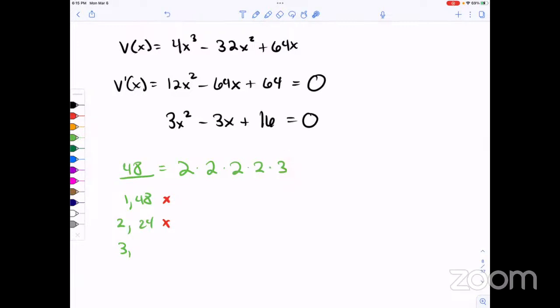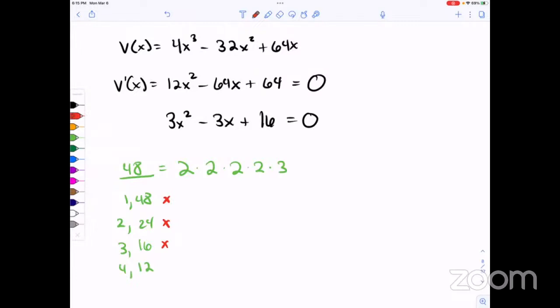There's a 4 right here. If we use this 4, what's left over is 12. So 4 times 12, but those add up to 16. Let's keep going. There's no 5, but there is a 6 here.